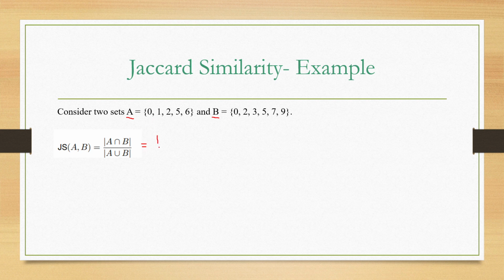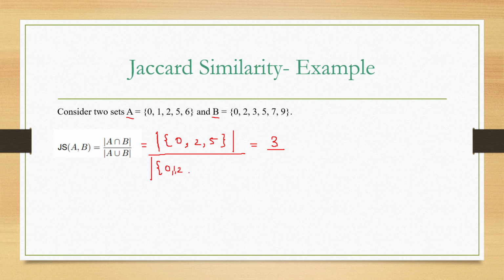So first of all, let us write down the elements which will be present in A intersection B. So all elements which are present in both, this is 0, 2 and 5. And we take this to find the number in this set. So there are 3 elements in this set, and at the bottom, in the denominator, we need to have the union of these two sets.